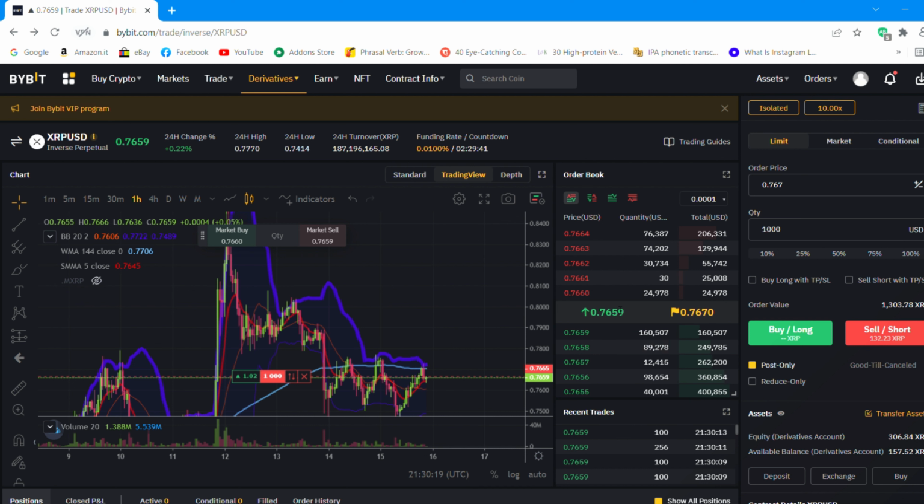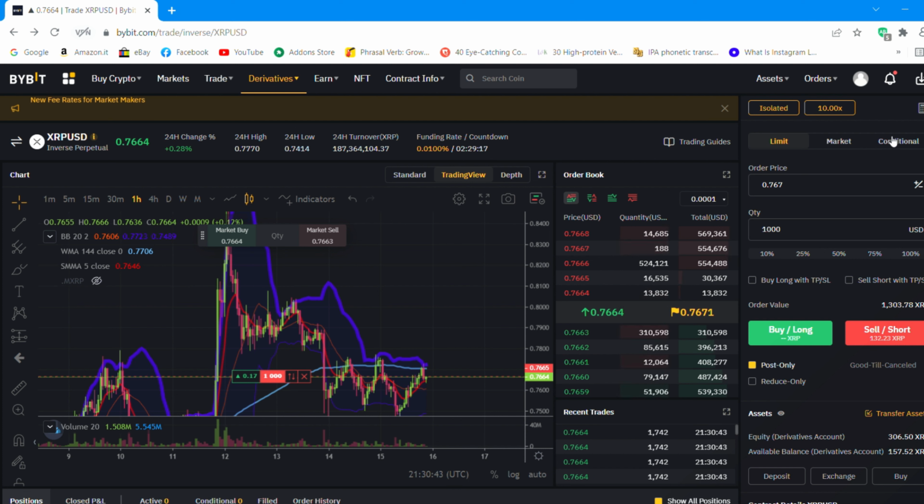So if you click yes, it will go in most probably as a market order. So remember to check that. If you are willing to go in as a market order, then go ahead and do it. If you're not, then set a conditional.